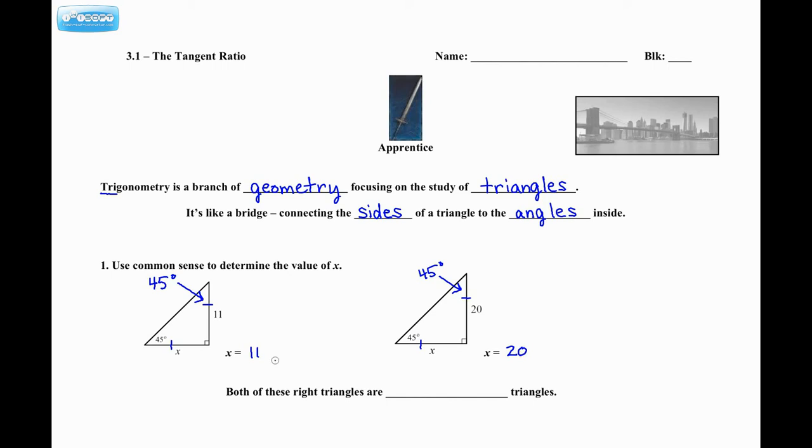Both of these are right triangles, but specifically they are isosceles triangles. In general, an isosceles triangle is any triangle, doesn't have to be a right triangle, where two sides, and only two sides, are the same length. Once you've established that, these two angles at the base must also be the same. So that's an isosceles triangle.